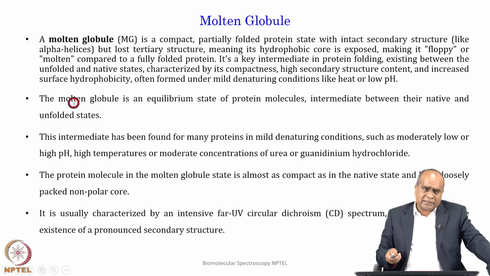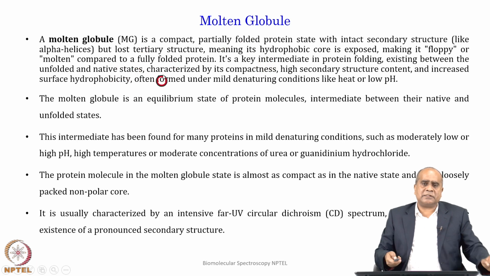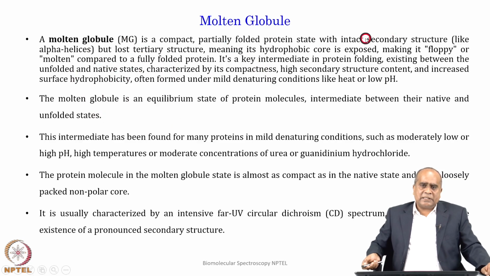If the hydrophobic surfaces are exposed, this provides a sticky surface of the protein in the environment. That sticky surface can attract other sticky surfaces, and that could be the initiation of protein aggregation or precipitation, right. So this is the molten globule state, which is between the folded state and the unfolded state.